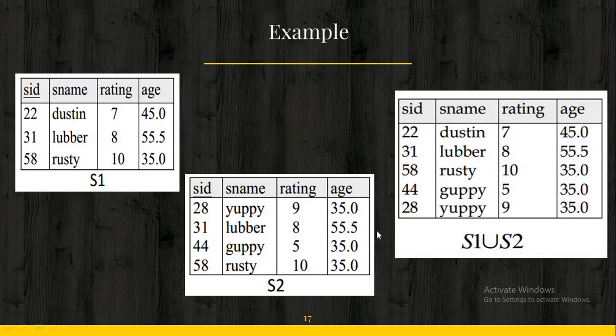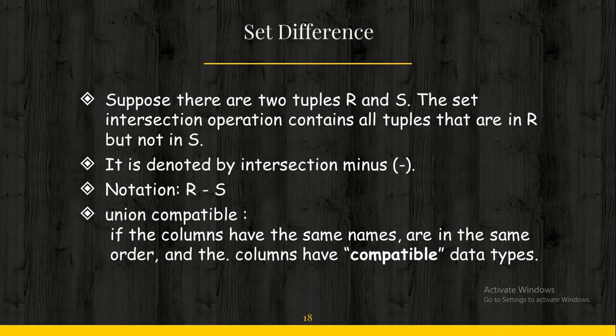So if we do the union, then we will get all the contents of these two tables. So 22, 31, 58, and here some exceptional values, like 44, it also appears, and 28, it also appears here. So this is how union actually works.